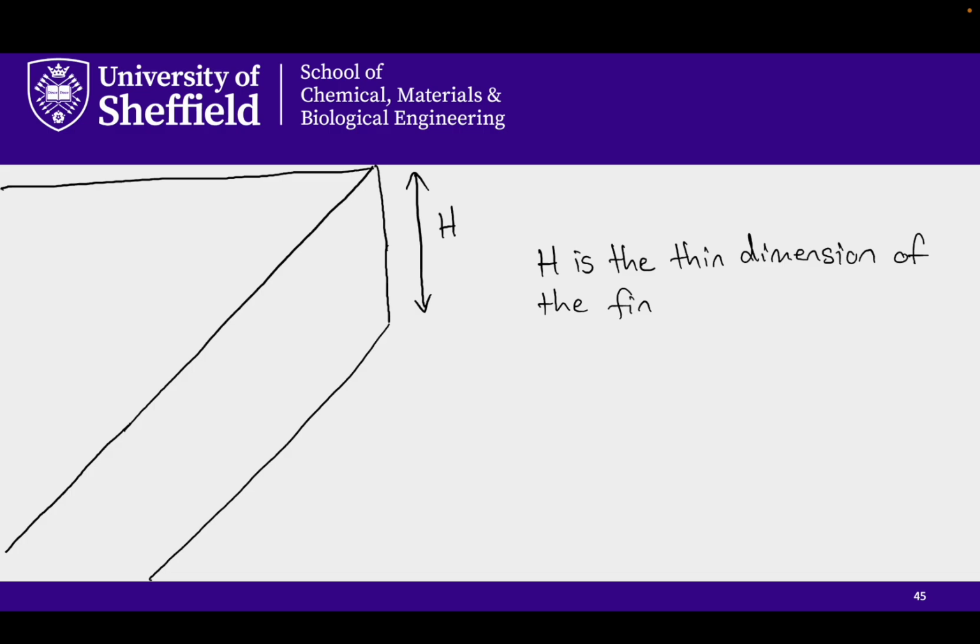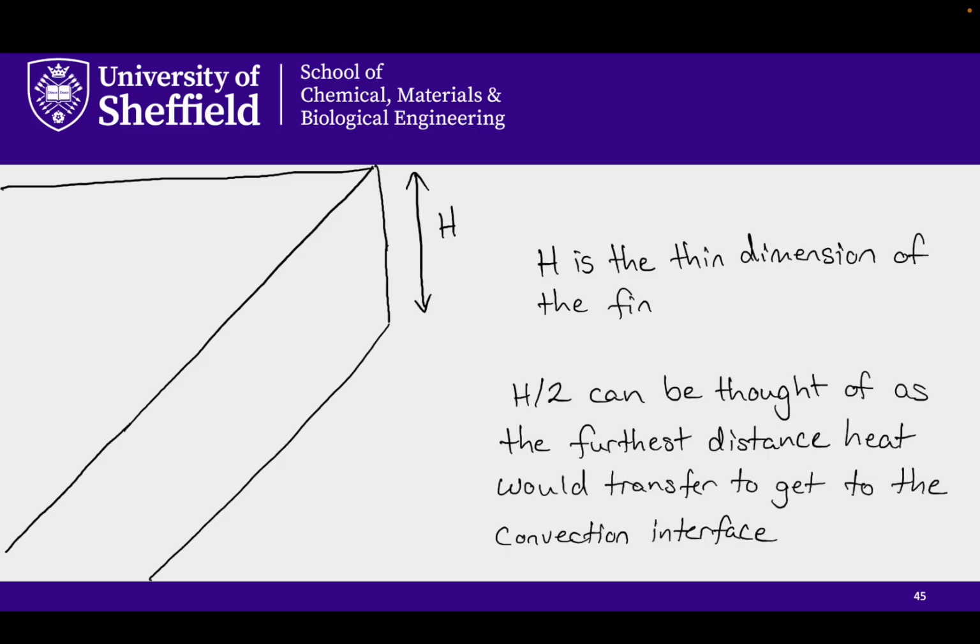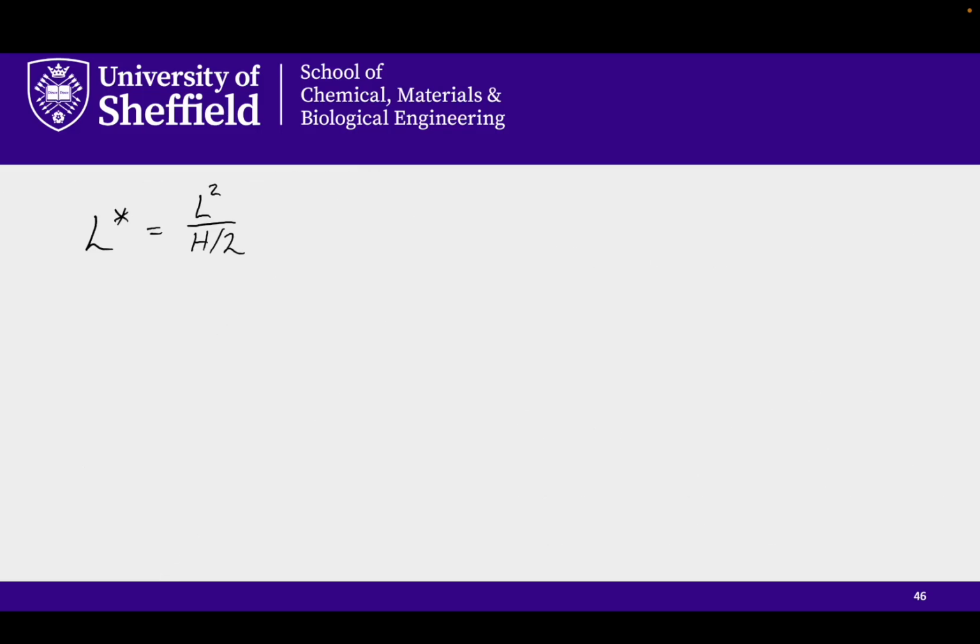This might sound a little bit wonky, but if we think about what h is, it's that very thin dimension of the fin. H over 2 then is basically the furthest distance that heat would have to transfer by conduction to get to a surface where it can convect into the air. So that's where h over 2 comes from as a relevant problem. The length of the fin, of course, is very important.